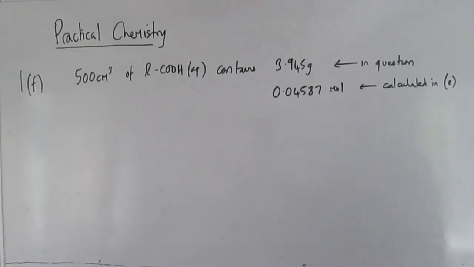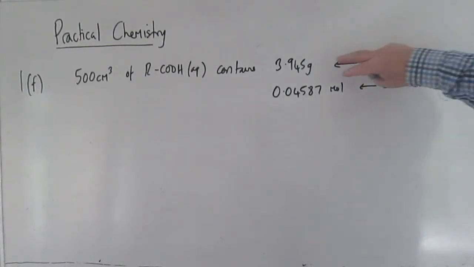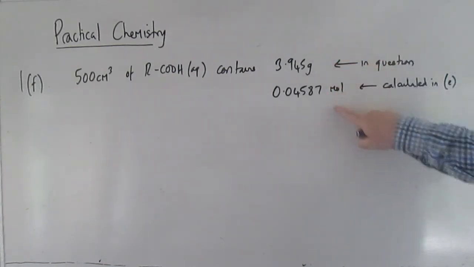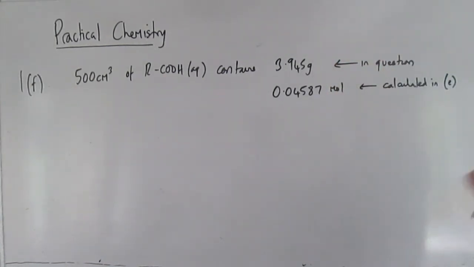So that's the number that came from part E. So what we're going to do now is put those 2 things together, because if we know mass and we know moles, we can get MR, and if we can get MR, we can figure out what R must be. That's commonly the strategy in lots and lots of titration questions, that you figure out the MR of a compound, and then that lets you figure out something that you don't know about it.